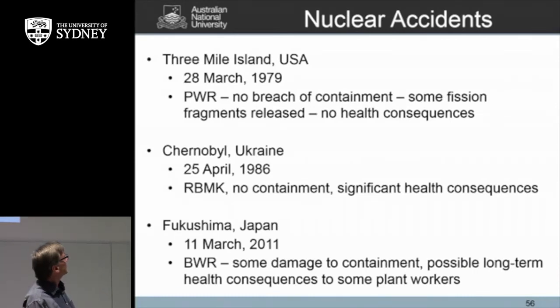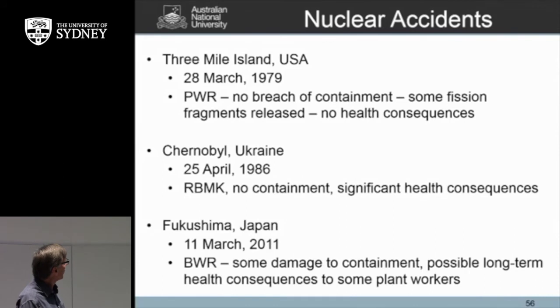So what happened? 3 Mile Island was a pressurised water reactor. It was a loss of coolant accident. There was no breach of containment. There were some fission fragments released, some radioactivity released, but it was a tiny amount, and you can honestly say the health consequences are negligible.